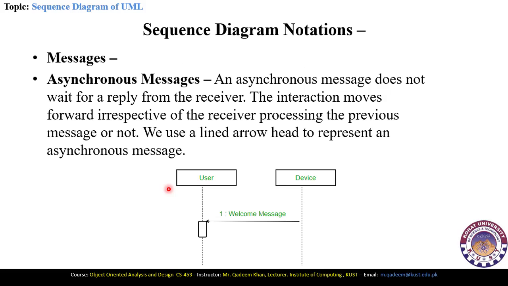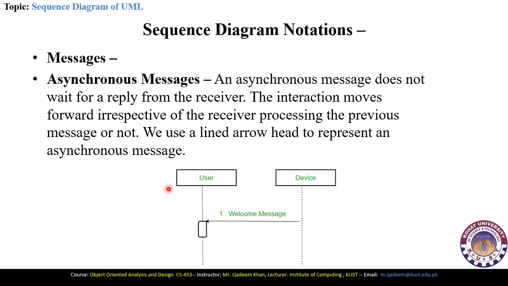Another type of message is the asynchronous message. In asynchronous messaging, as its name indicates, the sender and receiver do not need to be synchronized. Here the sender can send as many messages as it wants to the receiver, even if the receiver is not ready.